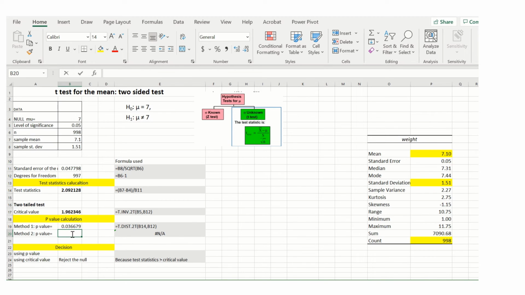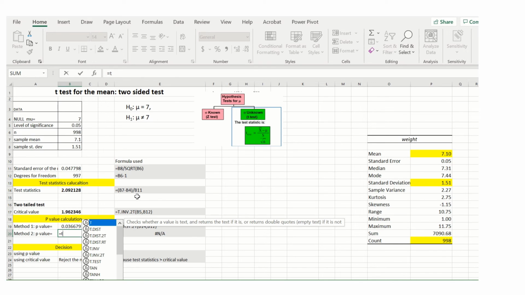Another method is to just calculate the one side in the t-distribution and multiply by 2, because we are conducting a two-sided test. For this one, we're going to use T.DIST.RT, the right tail.